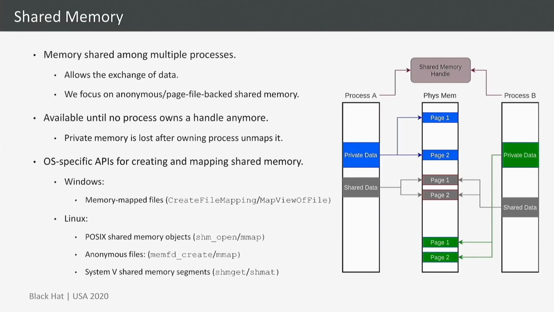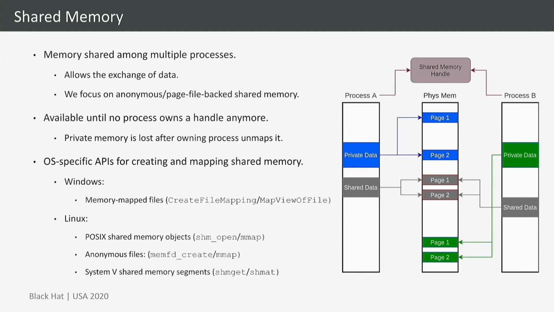And the third part is shared memory. The idea of shared memory is to just share data between different processes. And the relevant part for us to mention is that shared memory, in contrast to private memory, is still accessible if it has been unmapped.